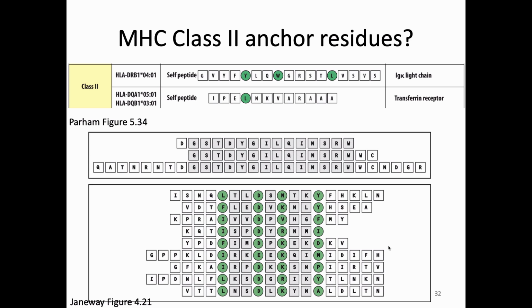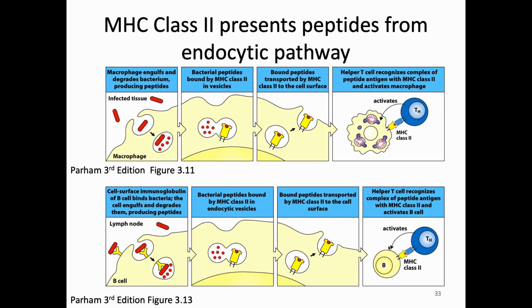The other place where things are a little bit different in Class II is in terms of where Class II gets its peptides from. MHC Class II gets peptides from the endocytic pathway.